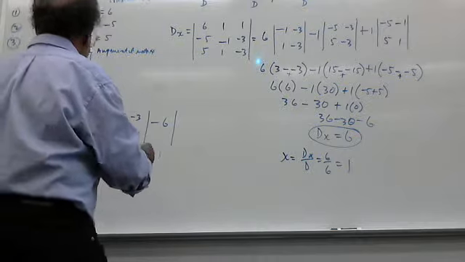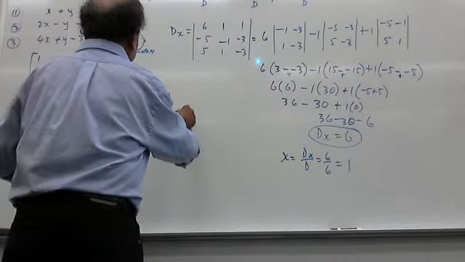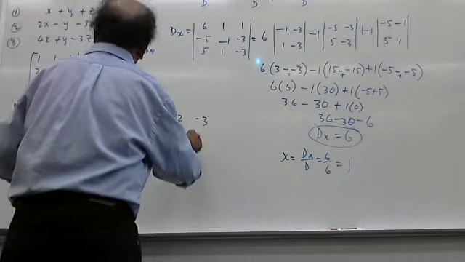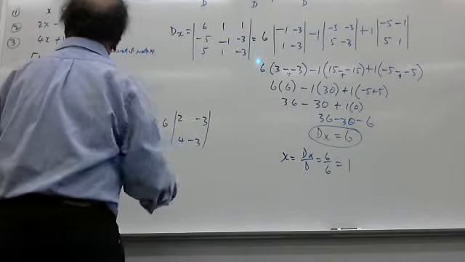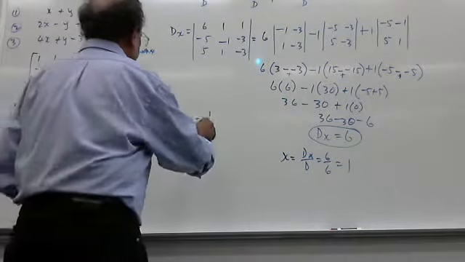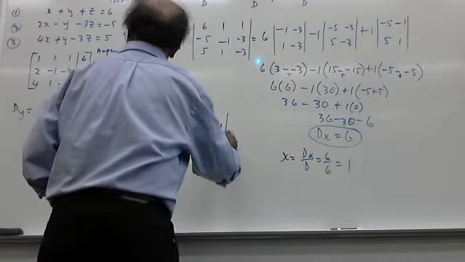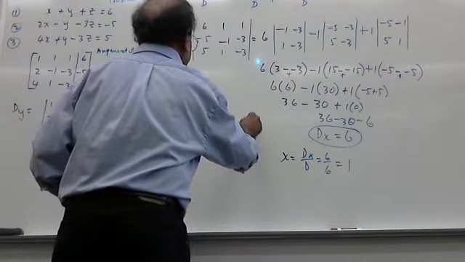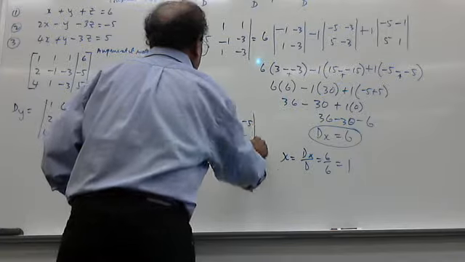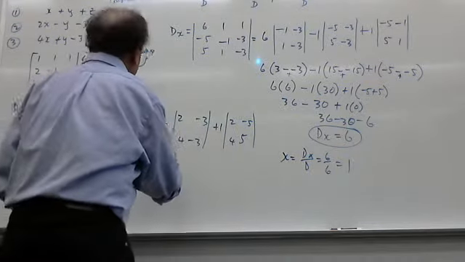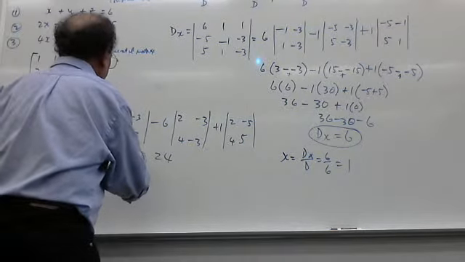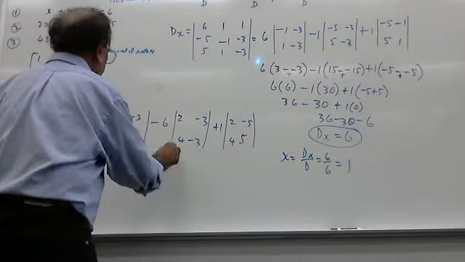And this is minus 6. The element we want here, or the number, would be 2 and minus 3, 4 and minus 3. We are not going to use anything in the second column. And then we have here plus 1, and our number are going to be 2 and minus 5, 4 and 5. And if we evaluate this here, we will get 24. So d sub y equal to 24.